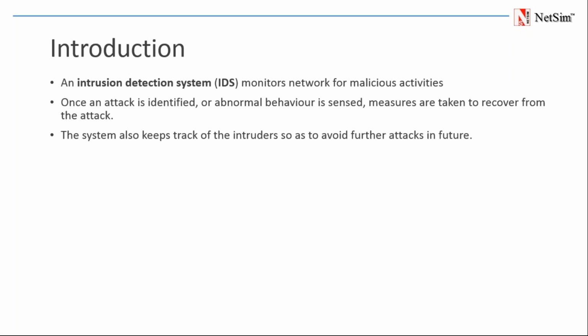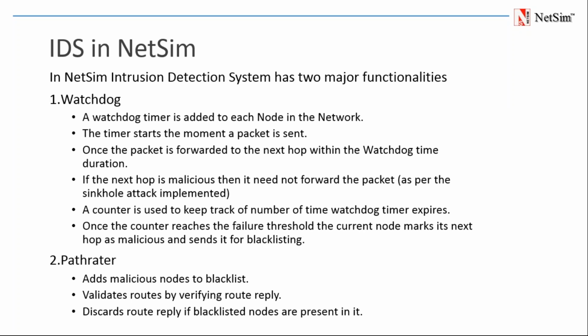This system also keeps track of the intruders so as to avoid further attacks in future. So in NetSim, IDS has two major functionalities. One is watchdog and one is path rater.